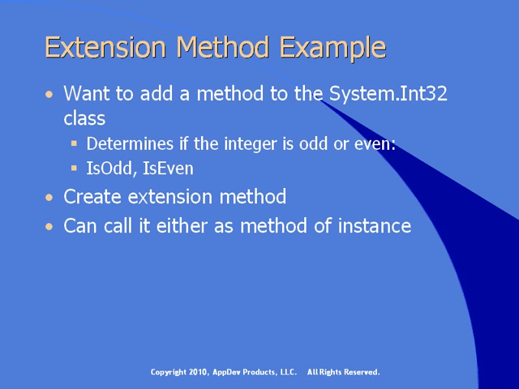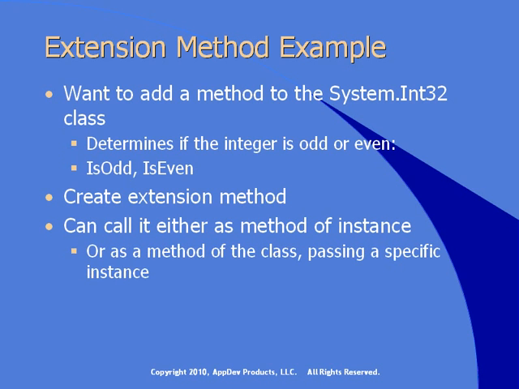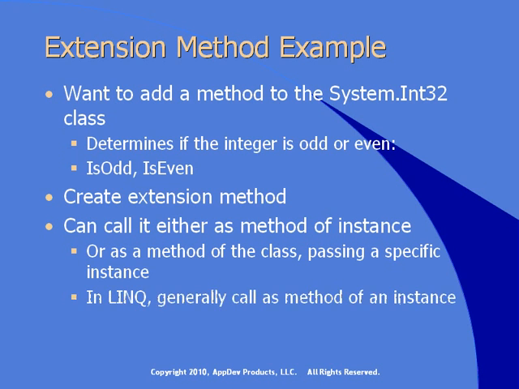Now you can call this extension method either as a method of a particular instance or as a method of the class passing a specific instance, whichever one is more convenient for you. In LINQ, you generally call your extension method as a method of an instance of the class. Now it's pretty clear once you look at this why this is required for LINQ.